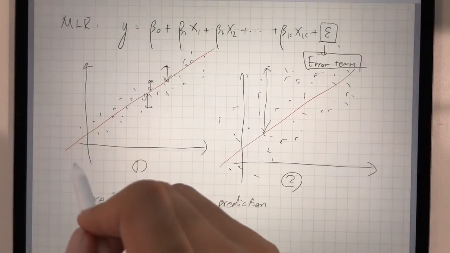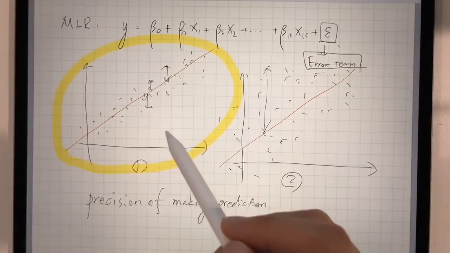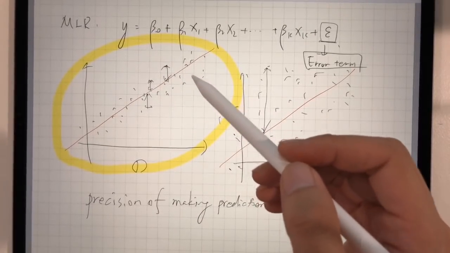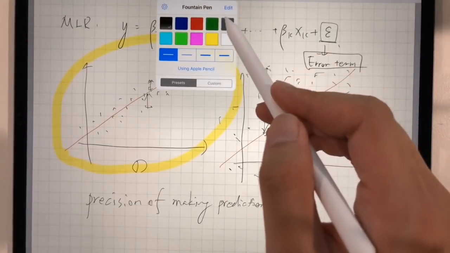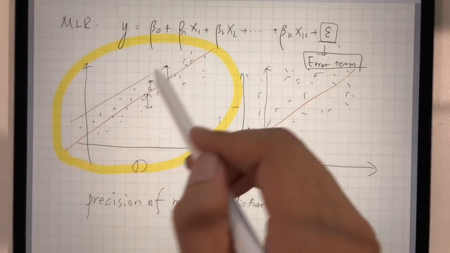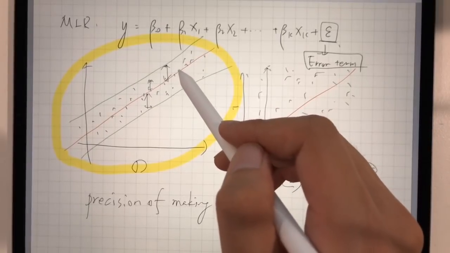Let's see. In this case, the standard error is very small, right? So whenever you're making a prediction, it won't be that far away from the expected value, right? So when you make a prediction, you can be very precise.